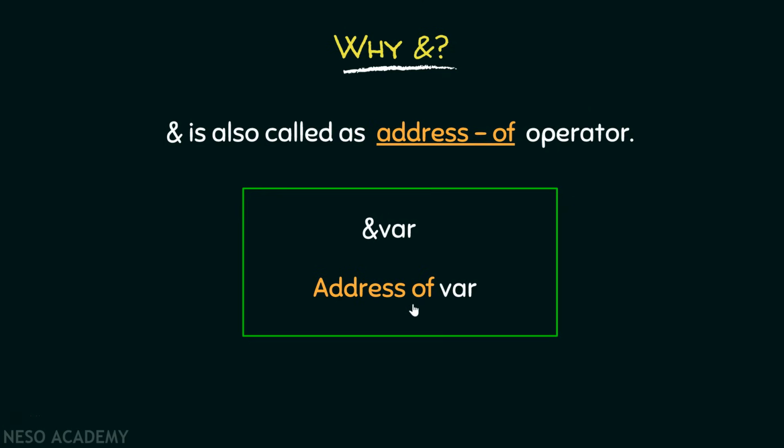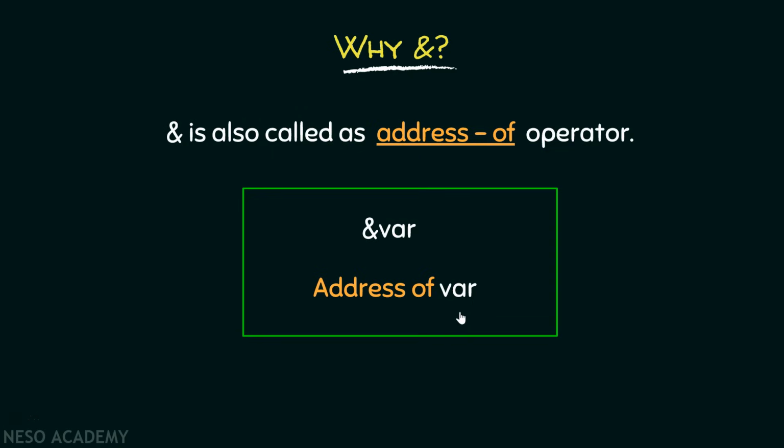As simple as that. Address of var means it is asking for the address of the variable and not the content of the variable. When we write the name of a variable, it simply means that we are asking for the content of the variable. When we write ampersand var, what do we mean? We are asking for the address of the variable and not the content of the variable.